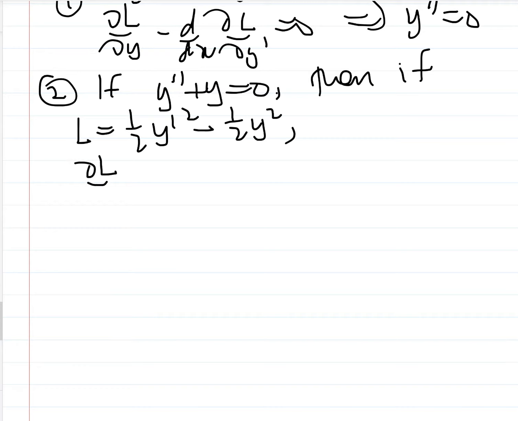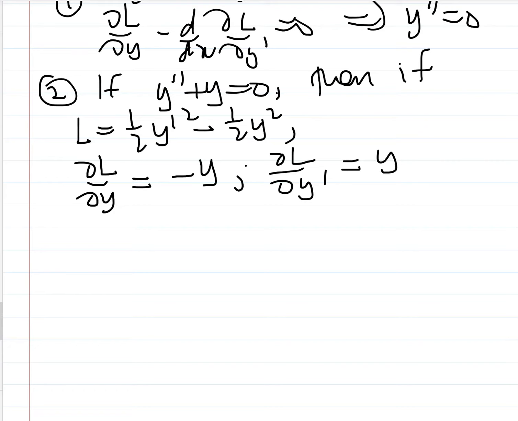The partial derivative of L with respect to y, and this is partial derivative, x and y dash are constants, so if you differentiate L with respect to y, you get minus y. Check that very easily. The derivative partially of L with respect to y dashed is equal to, you differentiate a half y dash squared, you get y dashed.